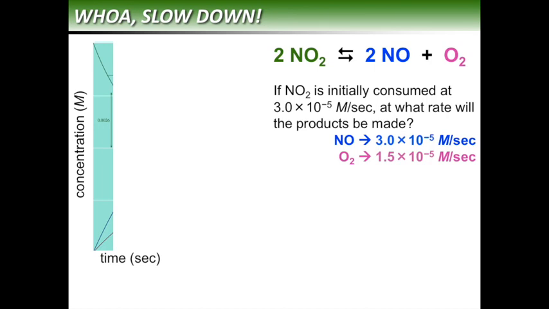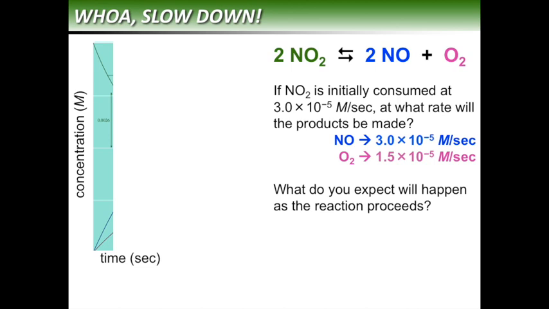Now, as this reaction continues, the question I now have for you, again, you can pause, is what do you think, just based on your intuition, will happen to the rate of the reaction as I start allowing more time to pass and I destroy NO2? Okay, welcome back. We expect the concentration of the reactant to fall because we can see it.